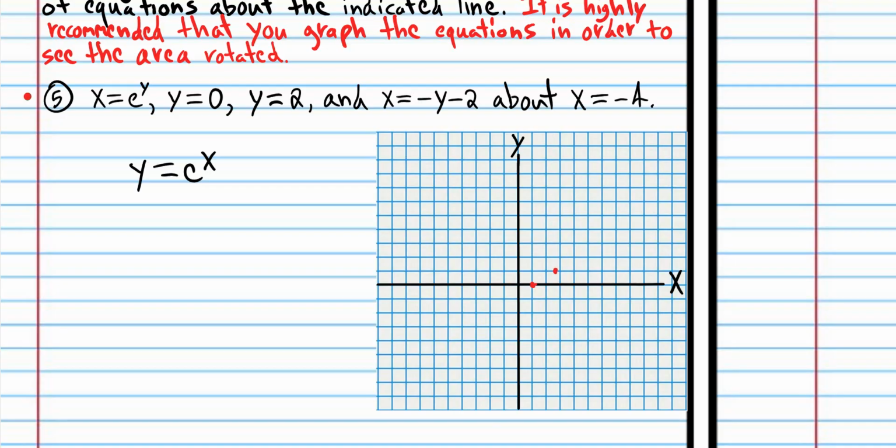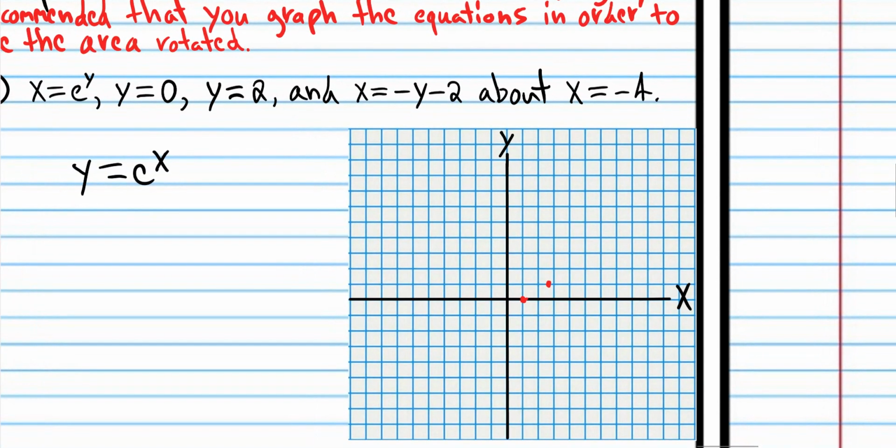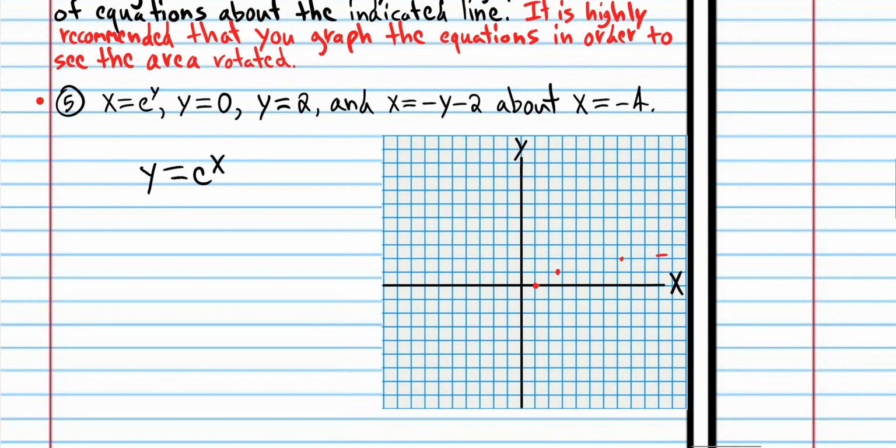That's going to be about there. And if we have 2 for y, x is going to be 7.389. And that's probably good enough to get a rough graph there.